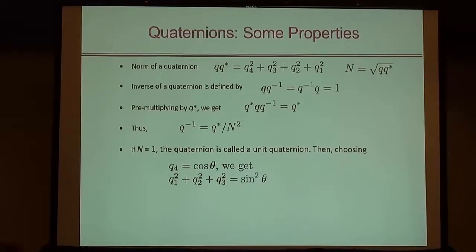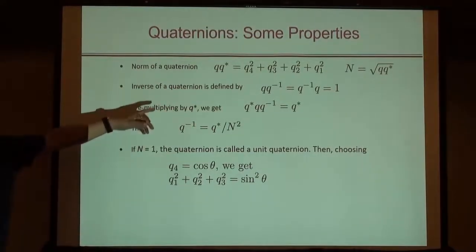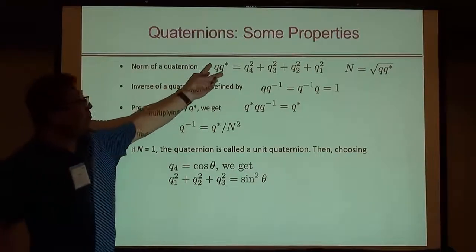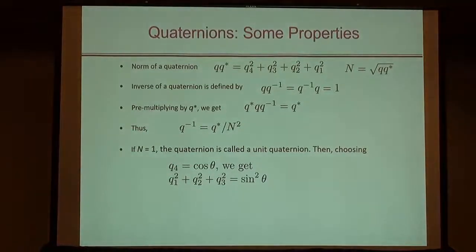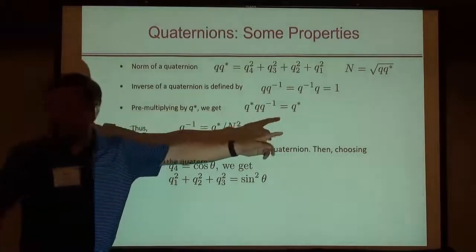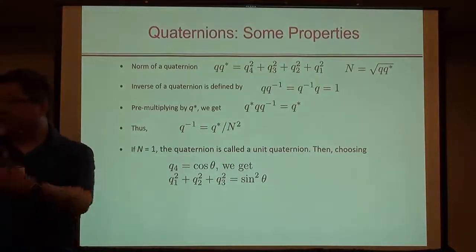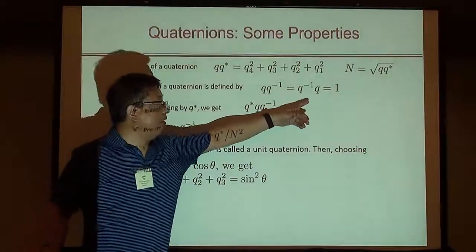If you have a quaternion and you multiply it by its conjugate, which means that the imaginary units i, j, k are replaced by minus i, minus j, and minus k, this will give you the norm of the quaternion. And then we can also define the inverse. Since the quaternion is an algebra, we have an inverse, and so q times its inverse has to be equal to 1.